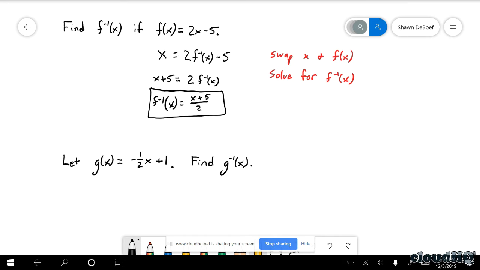Okay, so we have g of x. Let g of x equal -1/2 x plus 1. We're going to find the inverse of that. So same steps as before, except instead of using f, I used the letter g this time.